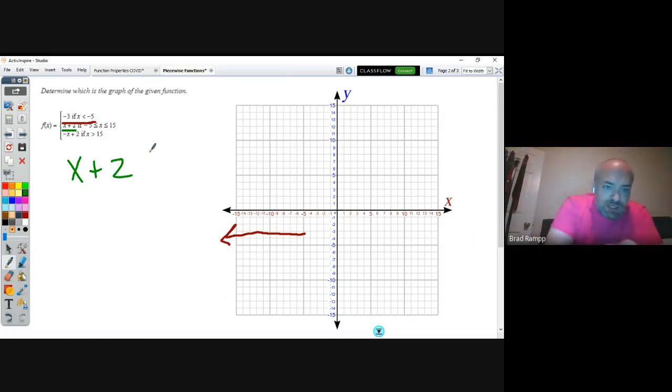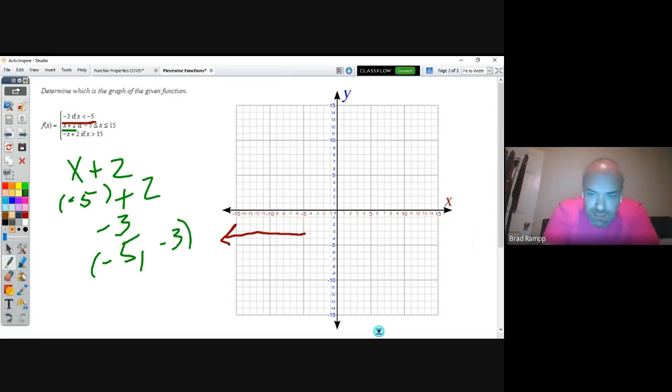Let's find out what we would get if we plug in -5 for x. It becomes -5 plus 2, which is -3. So if x is -5, then y is -3. So -5, -3, that's right here.